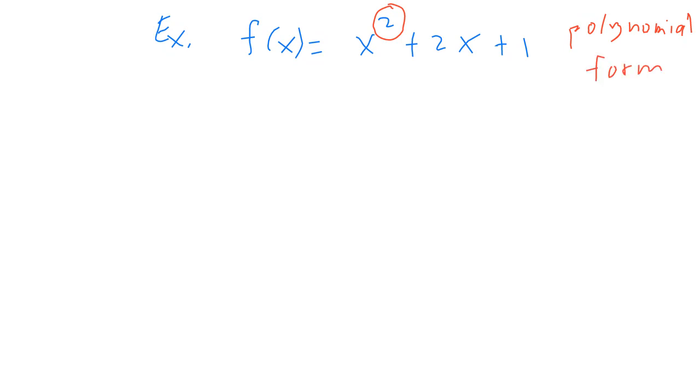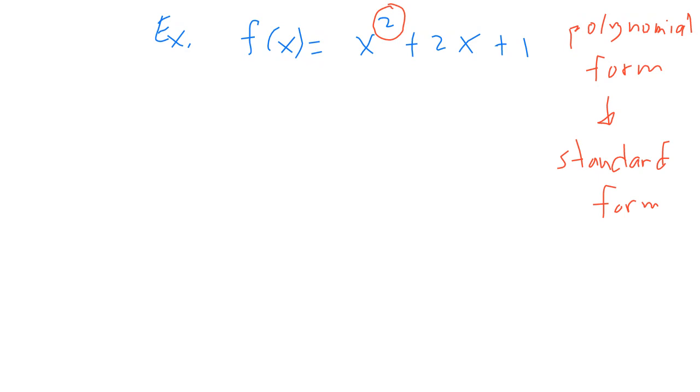Now in here, you cannot find the vertex by just looking at the equation, unlike the standard form or the factored form of your f of x, where you can find it. So we can transform the polynomial form here into the standard form of the parabola, or what we call factored form.